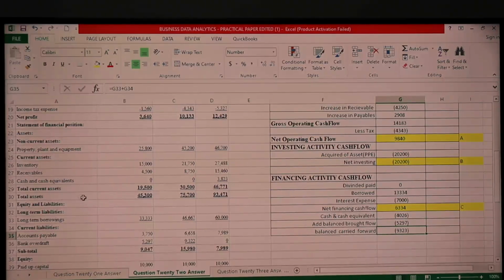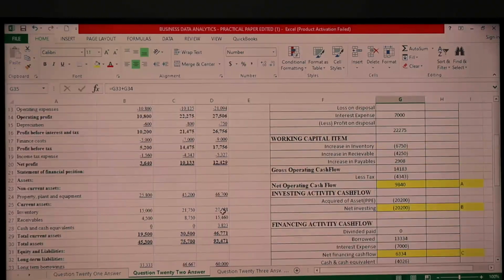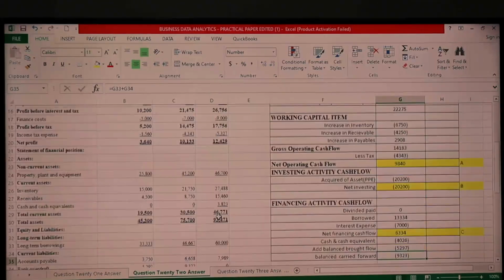What do we have here? This cash and cash, balance brought forward. It will be how much? 93.20. Yeah, so you can check that.